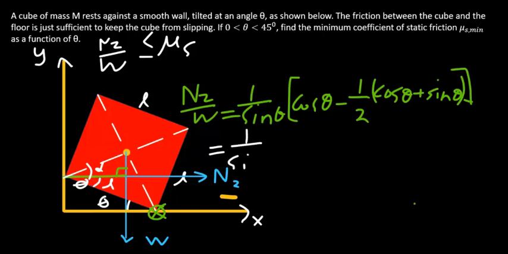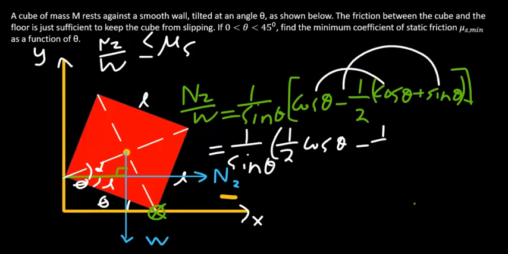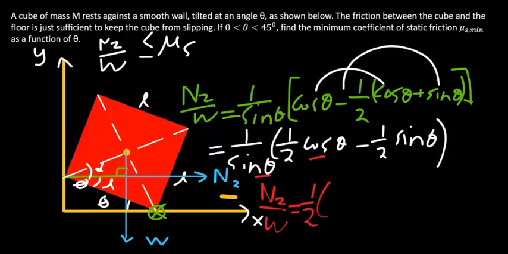So let's try to simplify the above expression. This becomes 1 over sine theta times cosine theta minus half cosine theta minus half sine theta. That would give you the final answer for the ratio. Cosine over sine is cotangent theta, and this sine will cancel that sine, giving just a 1.